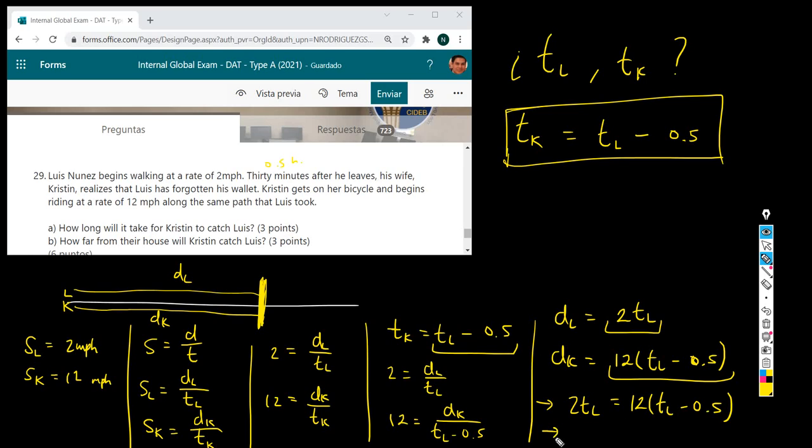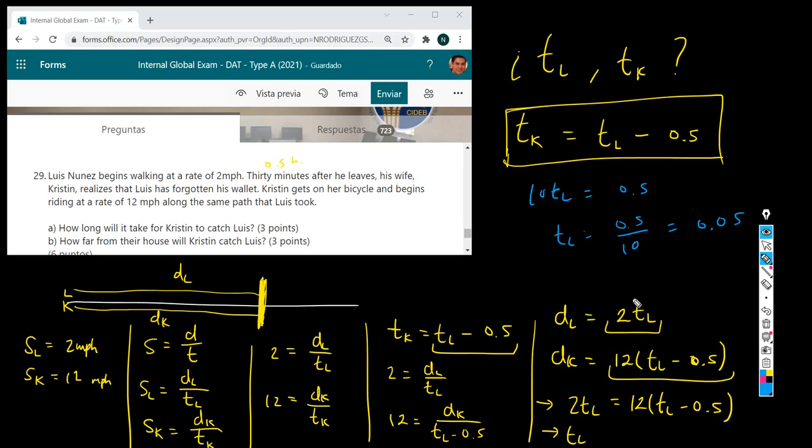When you solve this equation, you will get, I can't remember, let me do that here quickly. You're gonna get 10TL equals 0.5, am I right? 12, yes. And then TL equals 0.5 over 10, and that's 0.05.